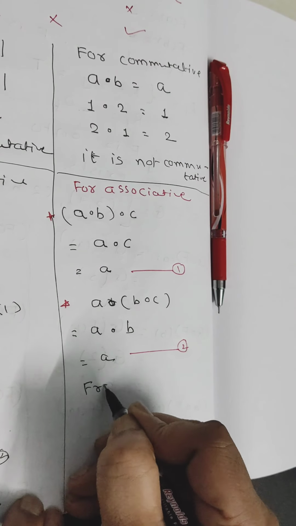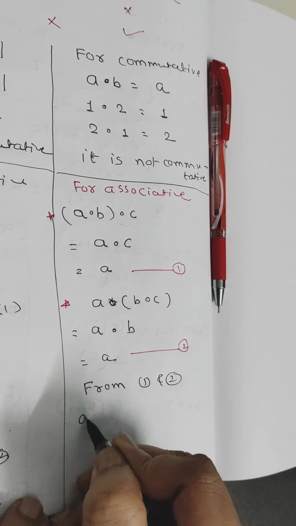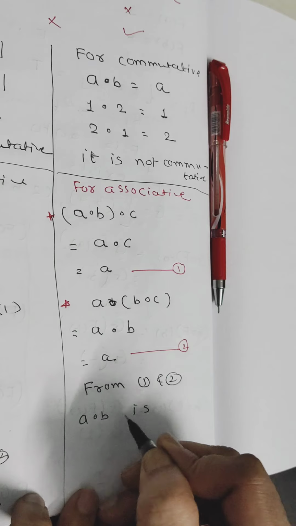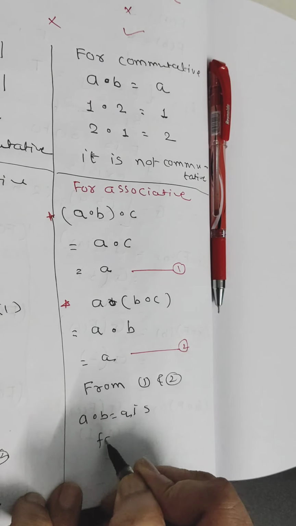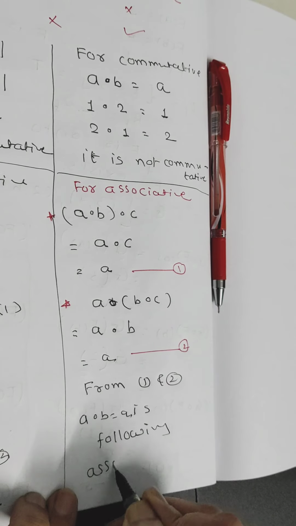So from 1 and 2, A, B is following associative.